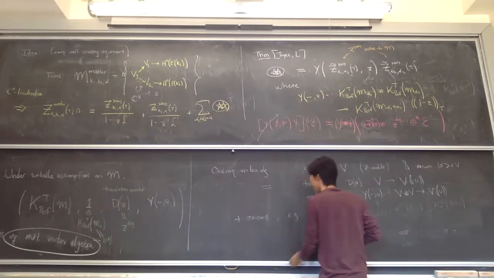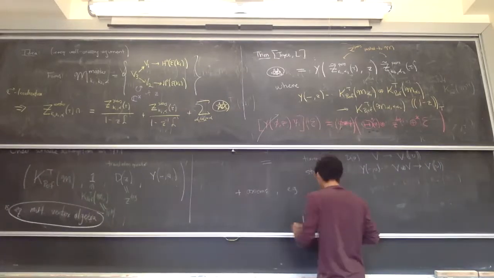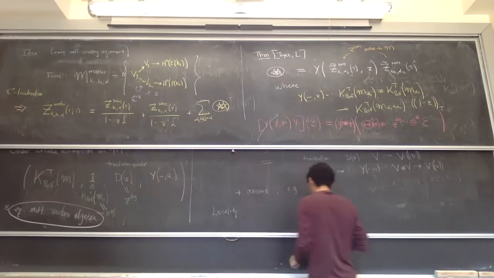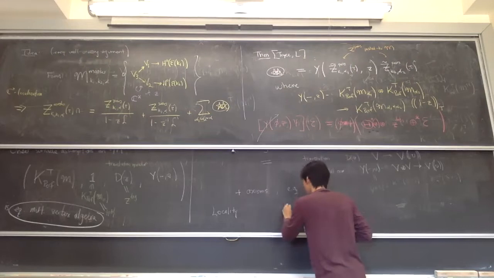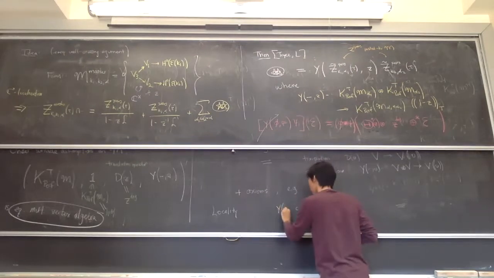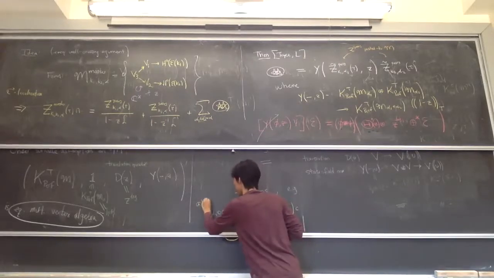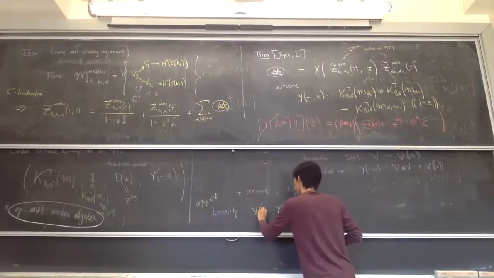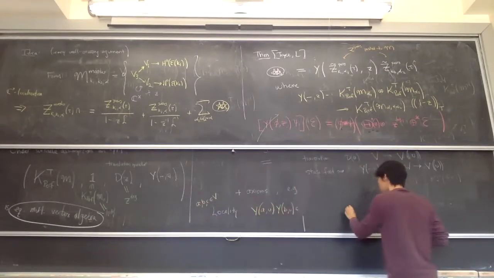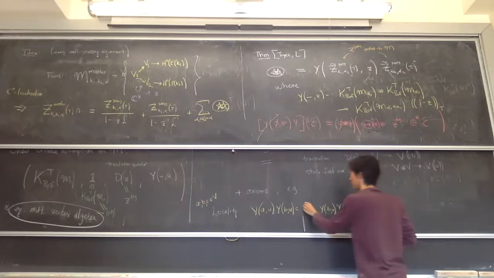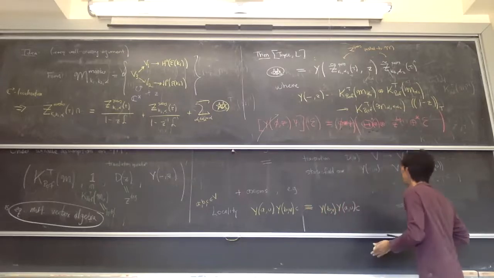Okay, so for example, you're going to have something which resembles this thing called the locality axiom, which says that if you take a state C and you hit it with Y of B, U, so you fix some states A, B, and C inside V, Y of A, U, and you compare this with hitting C with Y of, sorry, one of these should be a V. One of these A, U, Y of B, U. And these should be equal for some notion of equals.